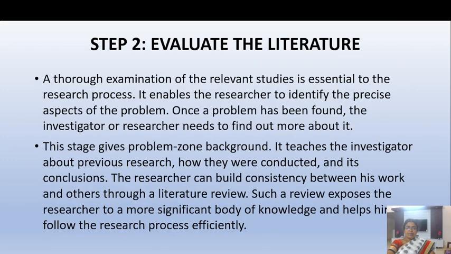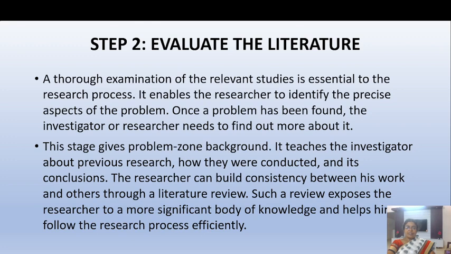Then second step, evaluate the literature. A thorough examination of the relevant studies is essential to the research process. It enables the researcher to identify the precise aspects of the problem. Once a problem has been found, the investigator or researcher needs to find out more about it. This stage gives the problem zone background.